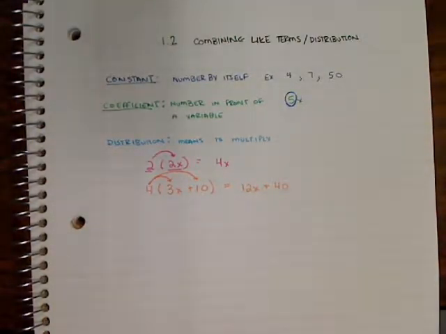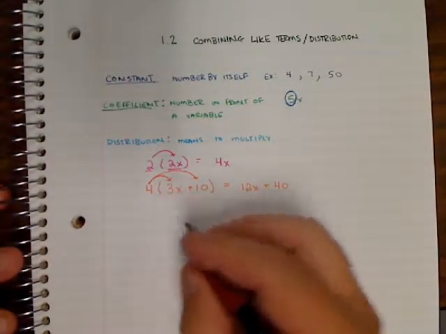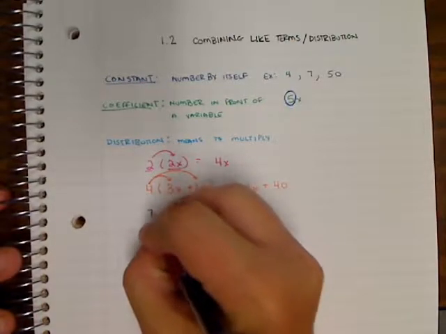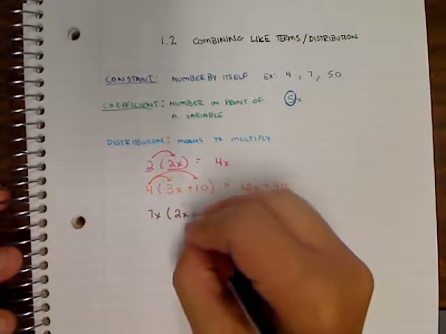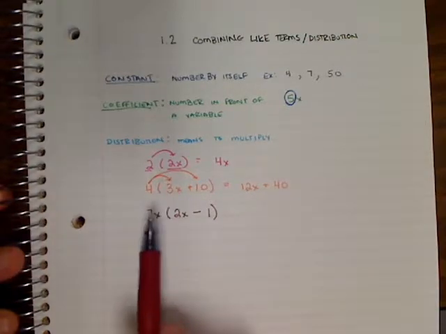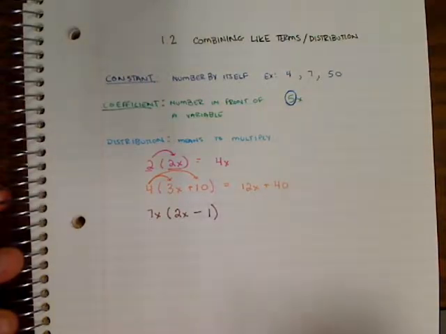Okay. This can also apply whenever you have a variable out in front. So say I've got 7x times 2x minus 1. Okay. Now, this is a term by itself, so I've got to multiply this term times everything here.